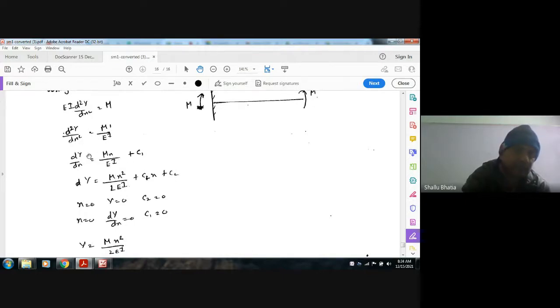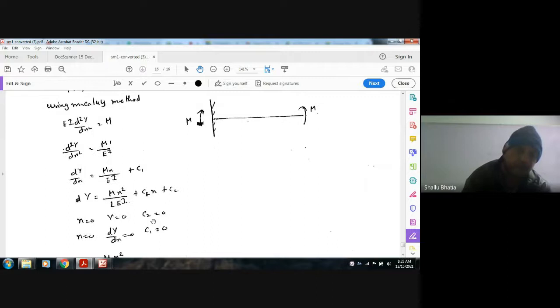Integrating again, y is equal to Mx square by 2EI plus C1x plus C2. Here we have taken x as 0 at the fixed end. When x is 0, deflection is 0, and when x is 0, dy by dx is 0. So C1 and C2 are 0.